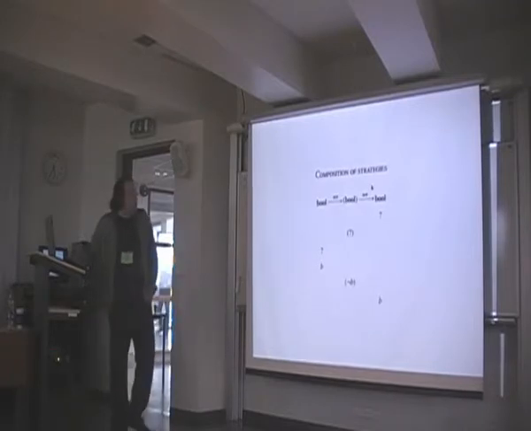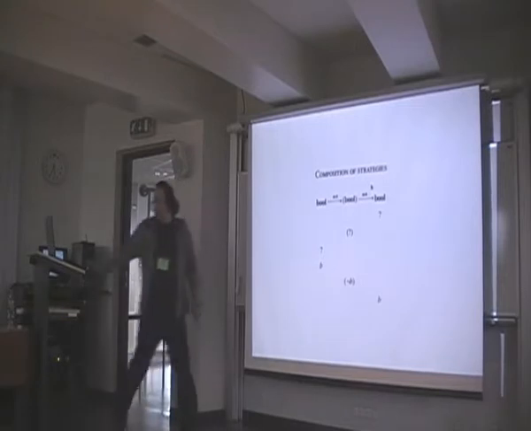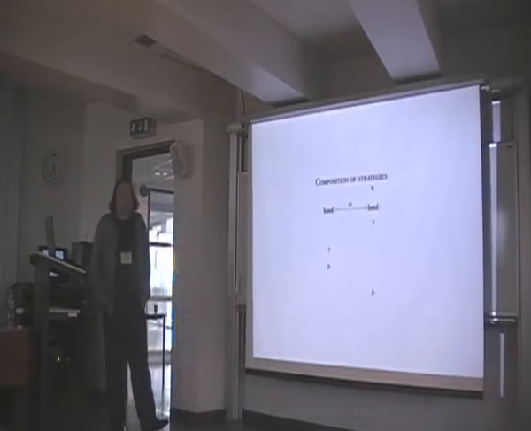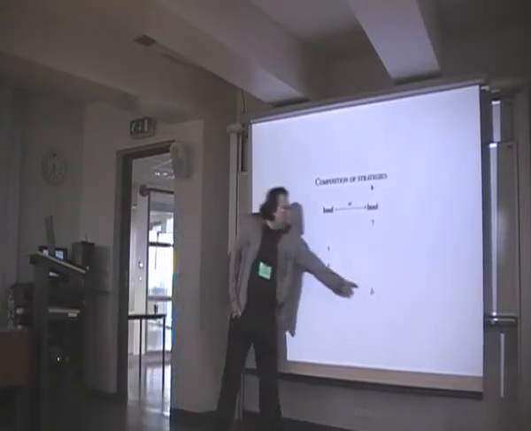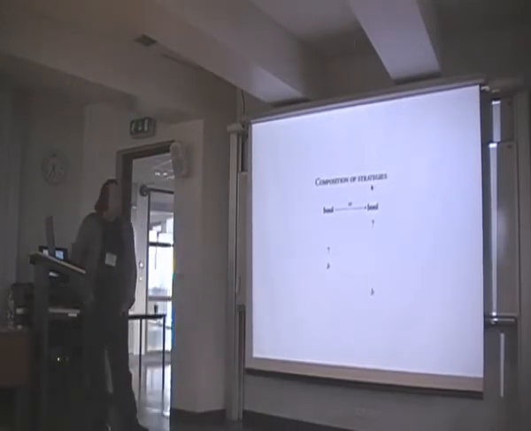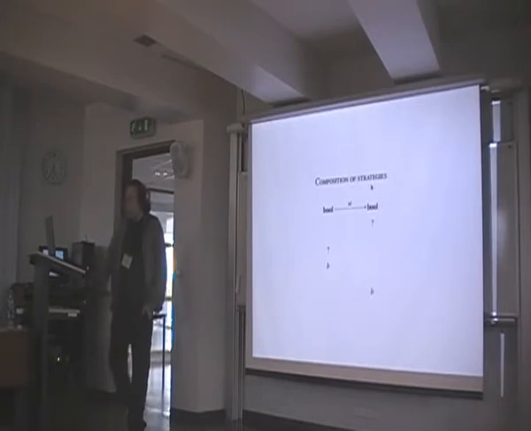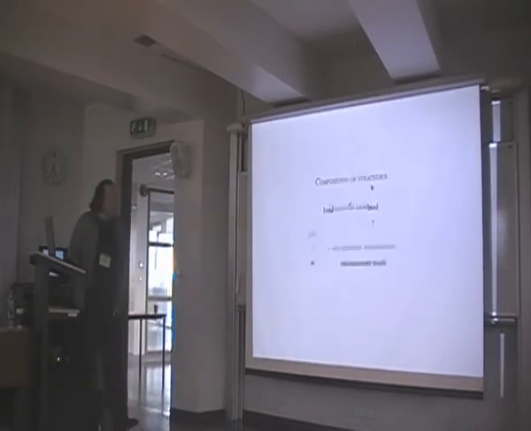So if we just hide the middle interaction, what we get is the identity strategy, which corresponds to the identity function. So this is the kind of idea that can be adapted to describe quantum computing.